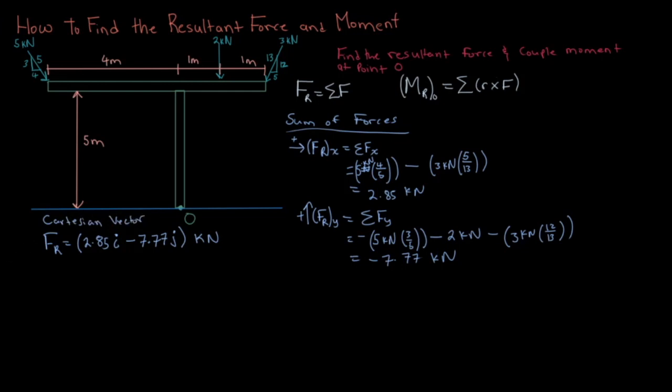Also, we can write our answer as a magnitude and an angle. The magnitude of Fr, of our resultant force, is equal to, we'll just use the Pythagorean theorem, the square root of 2.85 squared plus negative 7.77 squared.